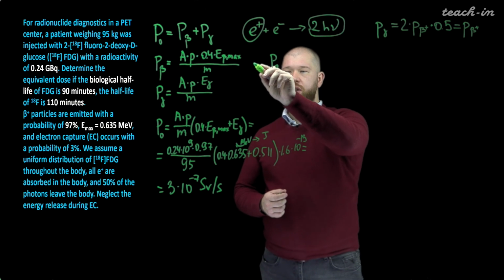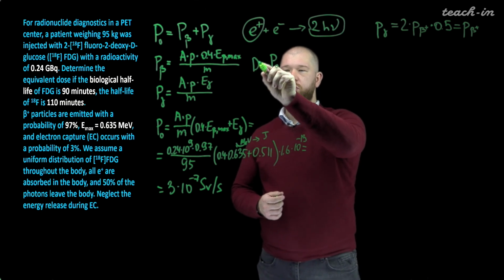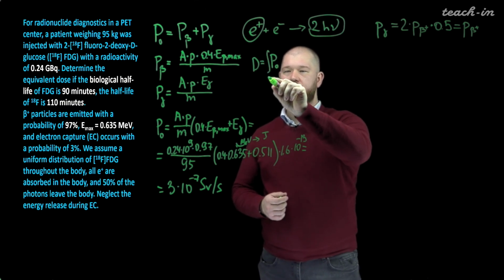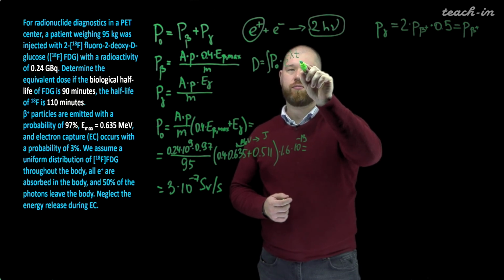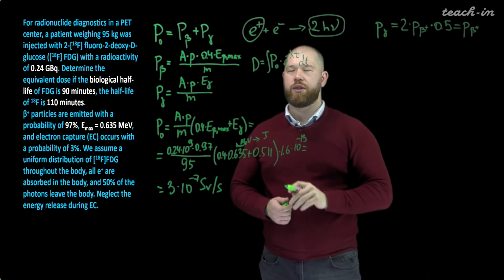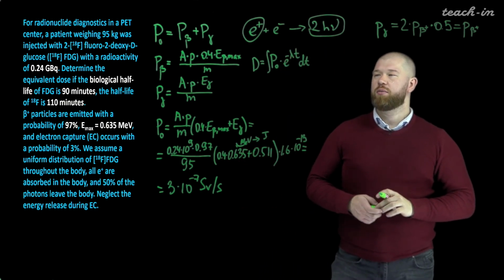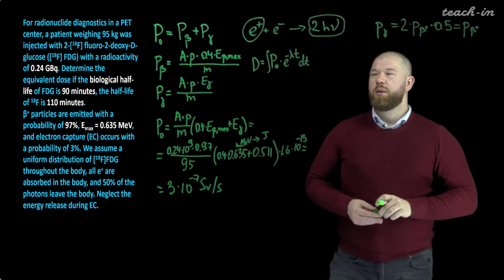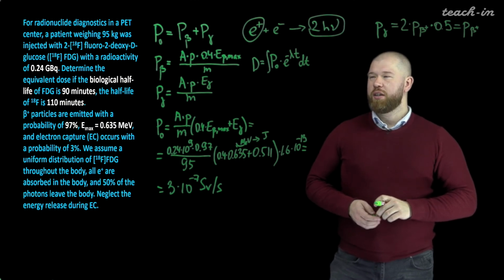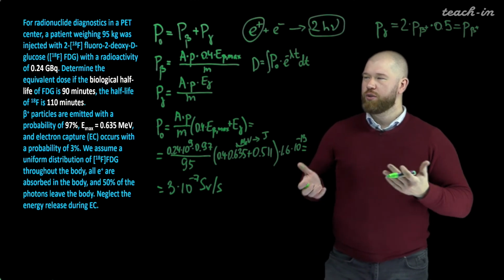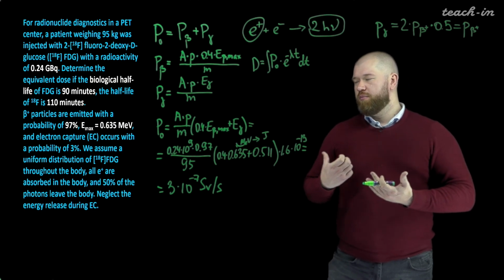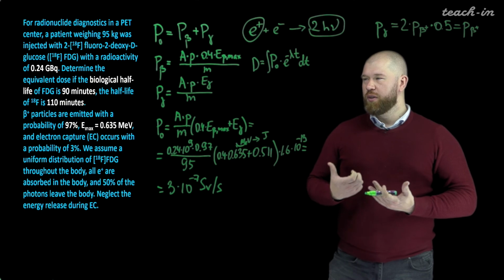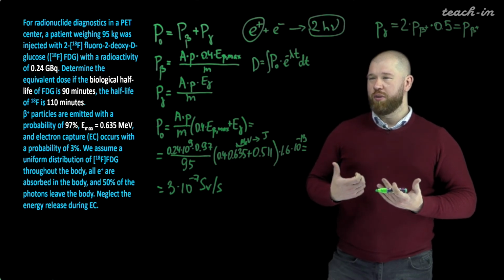Again, to calculate the dose, in this case, we have to integrate the dose rate by time, but in this case we don't know the certain time for the radiopharmaceutical to be present in the human body.